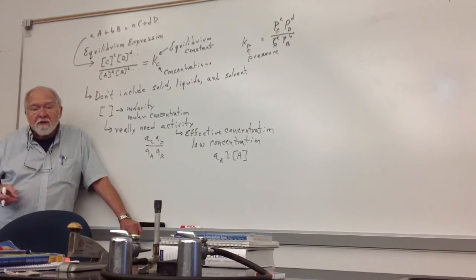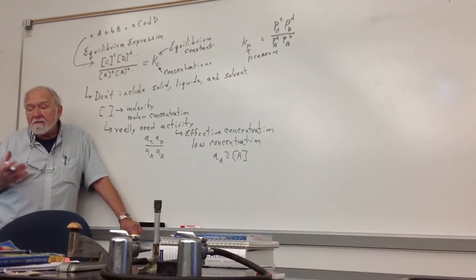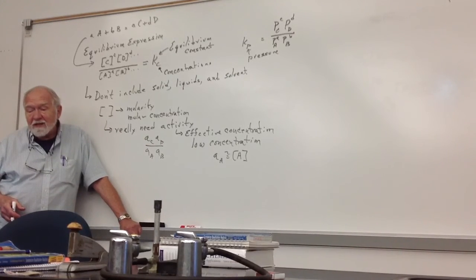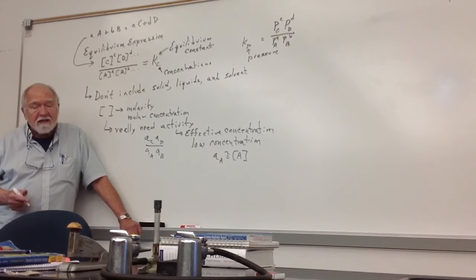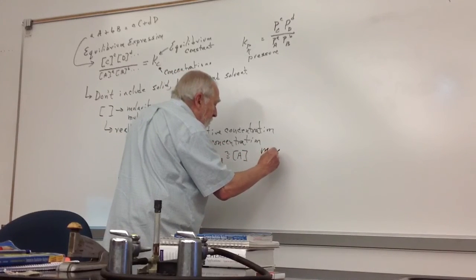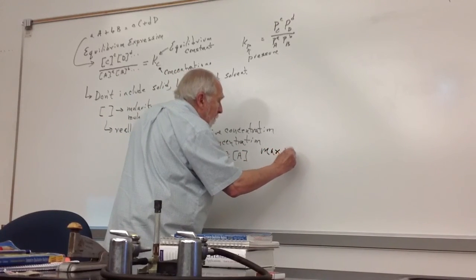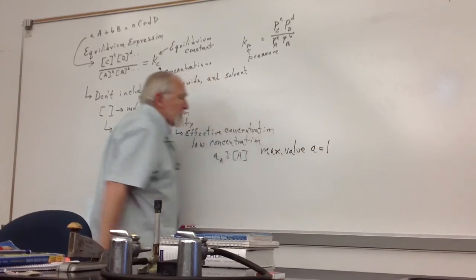Now the big difference between molar concentration and activity: we can talk about a 12 molar HCl solution, or a 16 molar nitric acid solution. But the largest number you get for activity is 1.